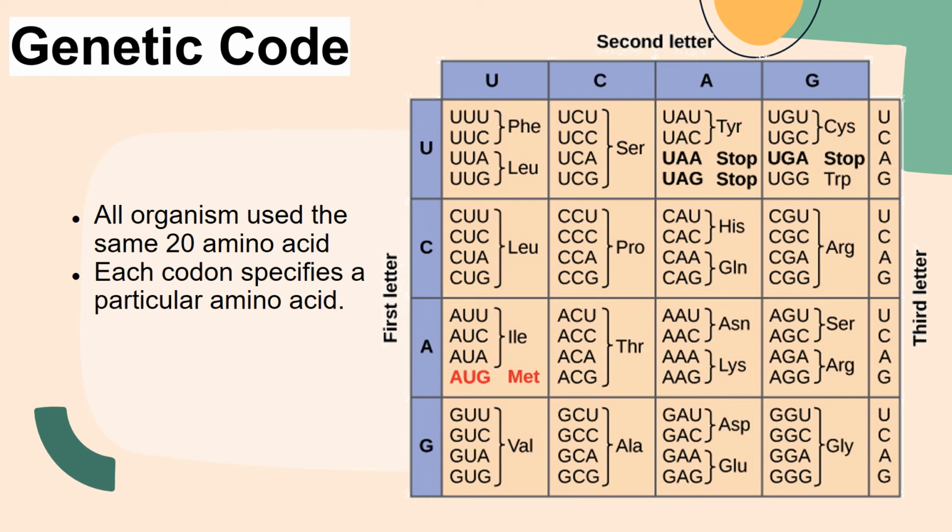These stop codons are UAA, UAG, and UGA. They tell the cell when a polypeptide is complete. Altogether, this collection of codon-amino acid relationships is called the genetic code because it lets the cell decode an mRNA into a chain of amino acids.